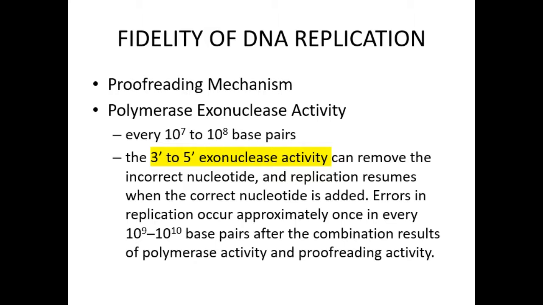So the 3' to 5' exonuclease will be able to double check whether the nucleotide incorporated is complementary to the template or not. If it's not, then the exonuclease will remove the wrong nucleotide.